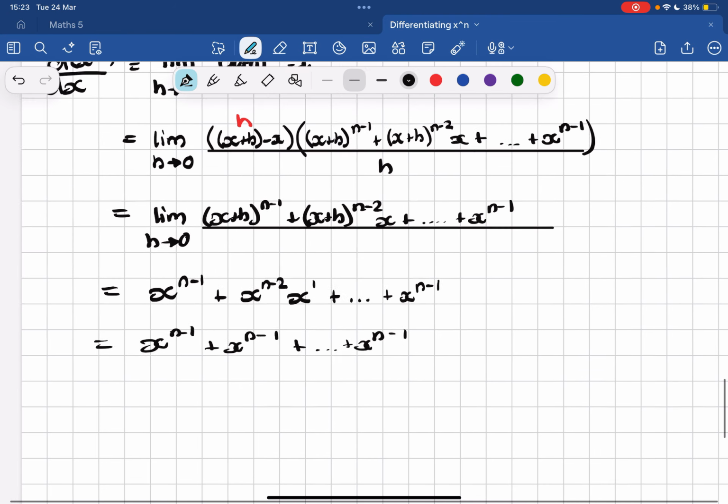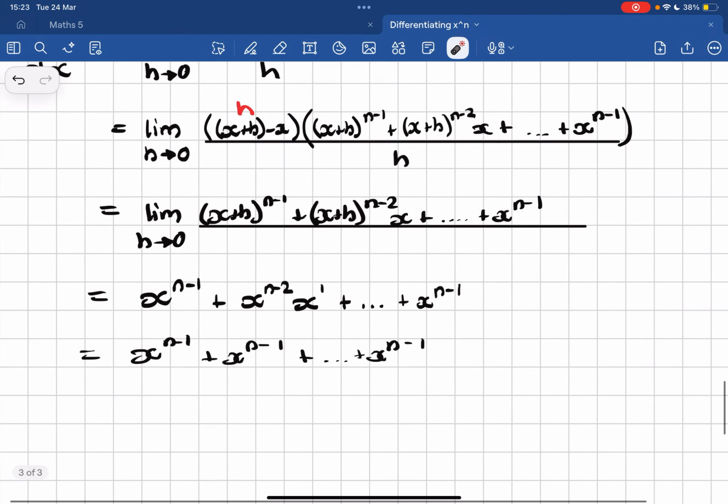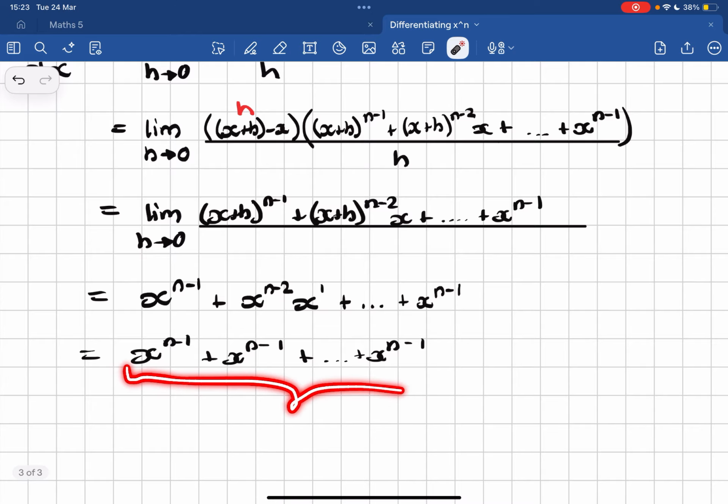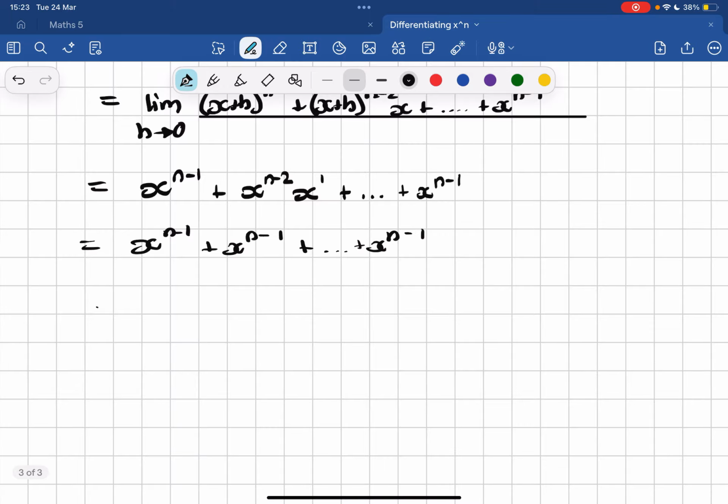Now, how many times does this happen? Well, this x^(n-1) repeats itself, I believe, n times, so we can say we have n times x^(n-1).